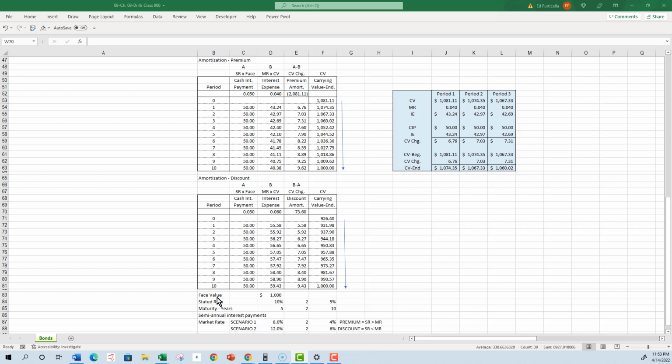For period 2, our cash payment again is $50. The interest expense for period 2 is $55.92. We multiply the market rate of 6% times the prior carrying value of $931.98 to get the interest expense of $55.92.